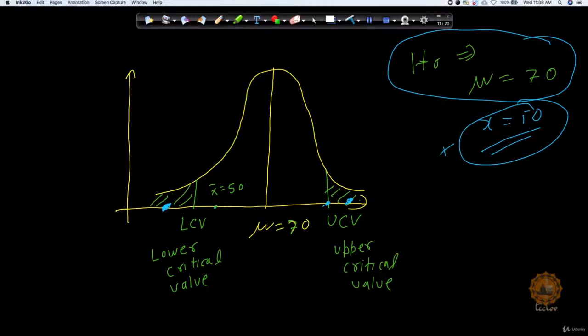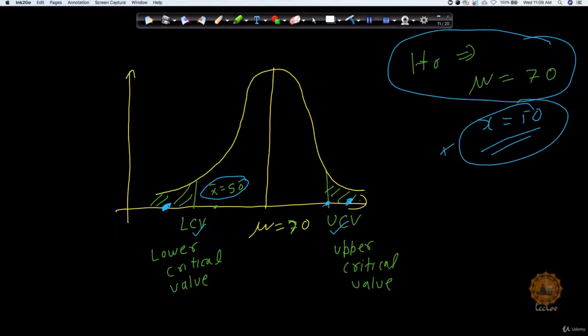So it depends on where this number is going to fall, and we're going to learn how to calculate this LCV or UCV. Right now we're just trying to understand from the business perspective how to decide this. So right now we are deciding that if my number, my average score or whatever we got, is less than LCV, or greater than UCV, we are going to reject our null hypothesis, because then we cannot say that mu is equal to 70.